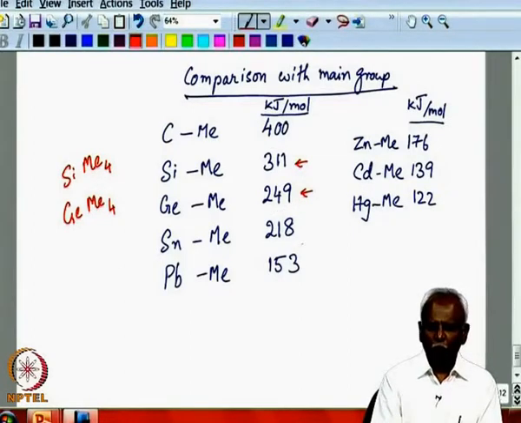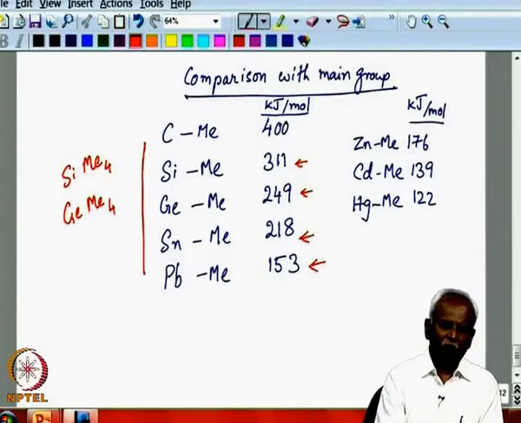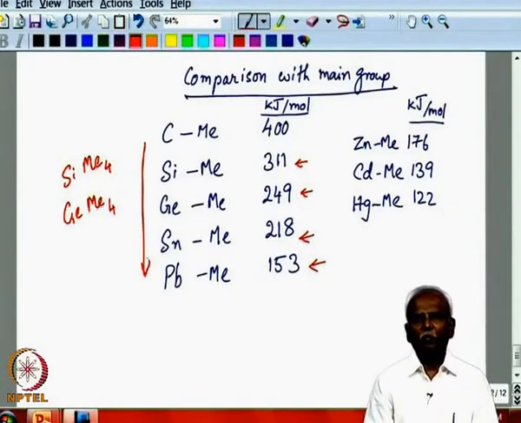Similarly, tin goes down to 218, and lead forms the weakest bond, which is 153 kilojoules per mole. So, in general, as you go down the group, the bond strength decreases.